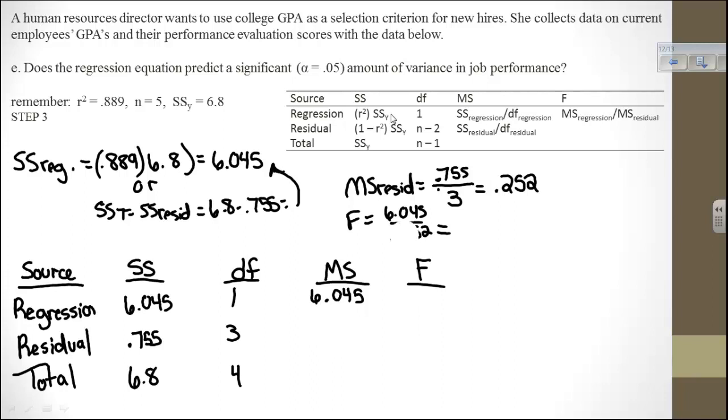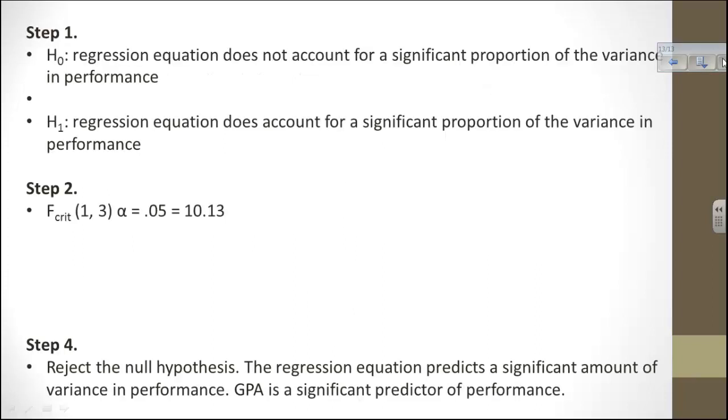Okay. 0.252. All right, we're good now. 6.045 divided by 0.252 gives you a huge 23.988 for your F. 23.988. Oh my goodness. All right, moving on to the rest of the hypothesis test.